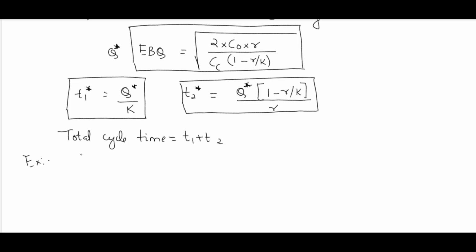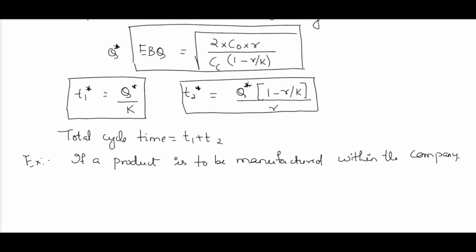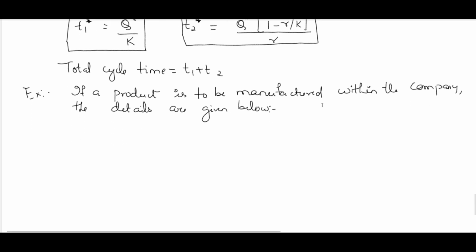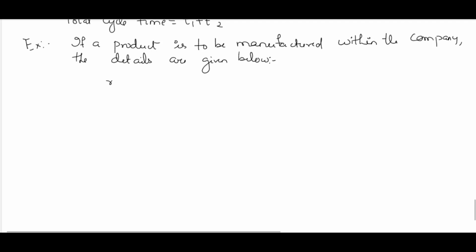This last problem: if a product is to be manufactured within the company, the details are given below. R is equal to 24,000 units per year.